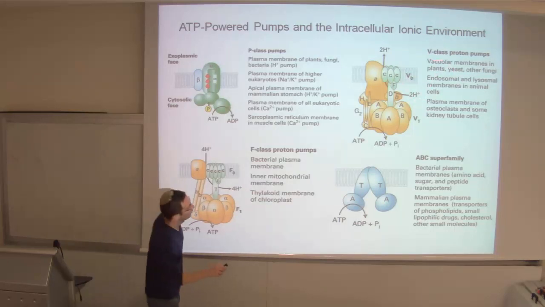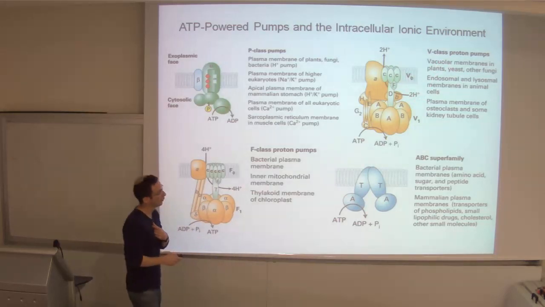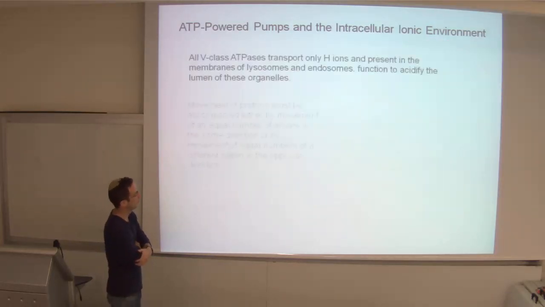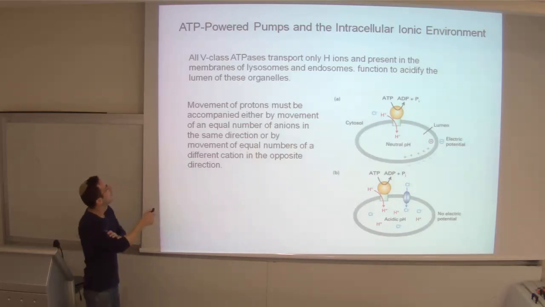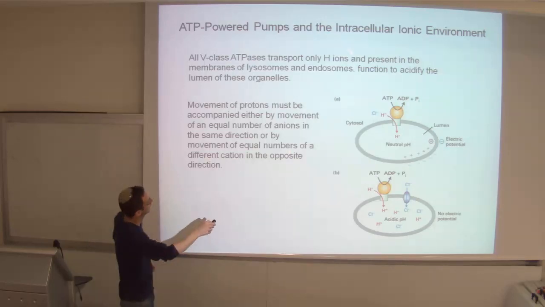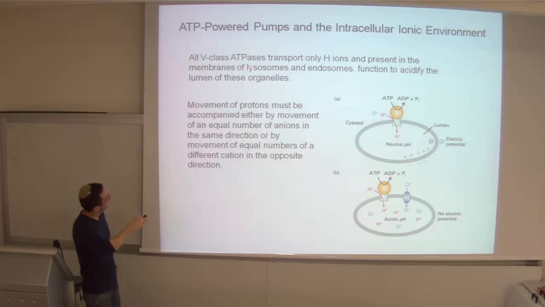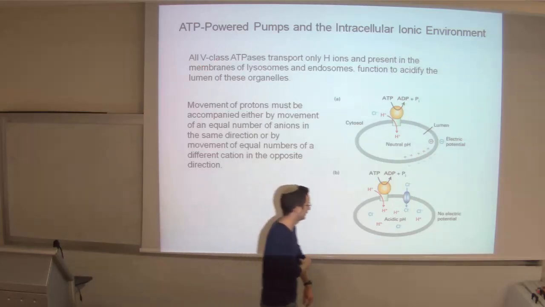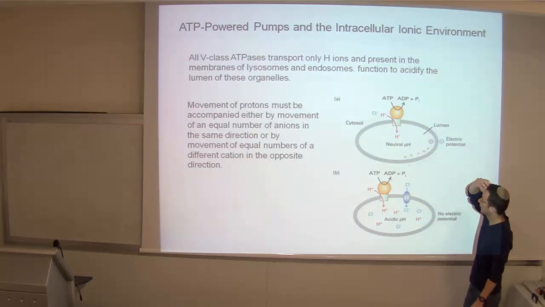About the V class, which is only a proton pump, we won't see the operational mechanism. We'll just say a few words, see where it sits. All V-class ATPases transport only protons, only hydrogens, and they are always localized to the membrane of lysosomes, and they sit there and acidify the lumen of the lysosomes.